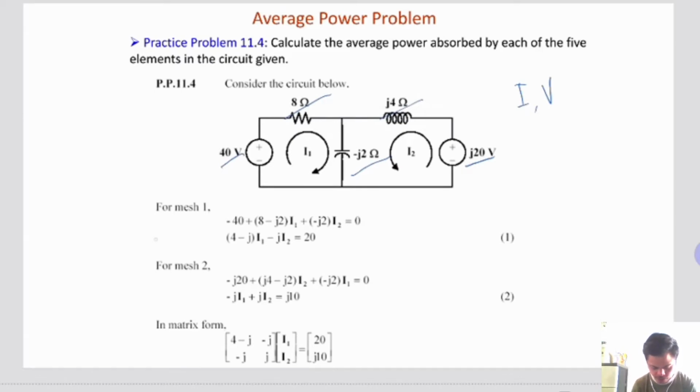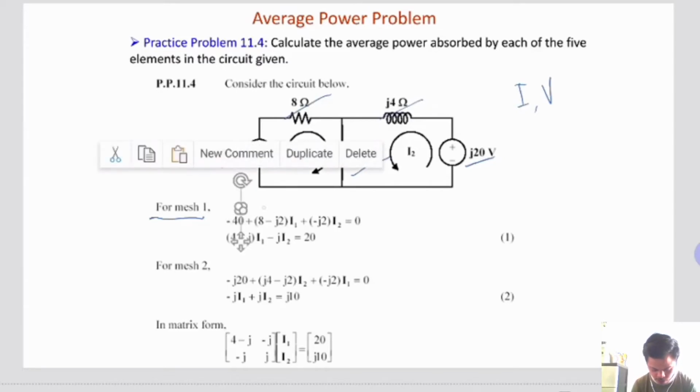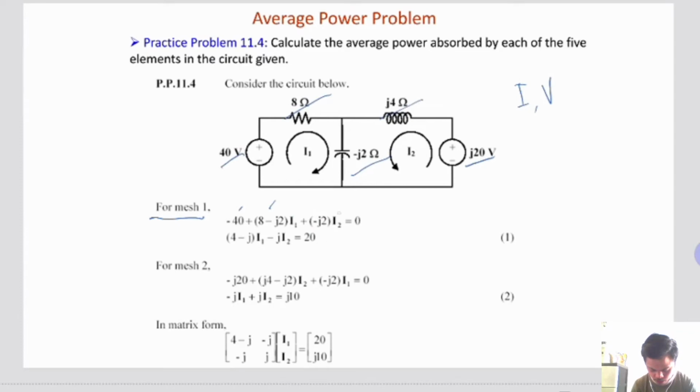If we apply mesh analysis, for mesh 1, we have here negative j40 volts plus 8 minus j2 times I1, plus negative j2 times I2.